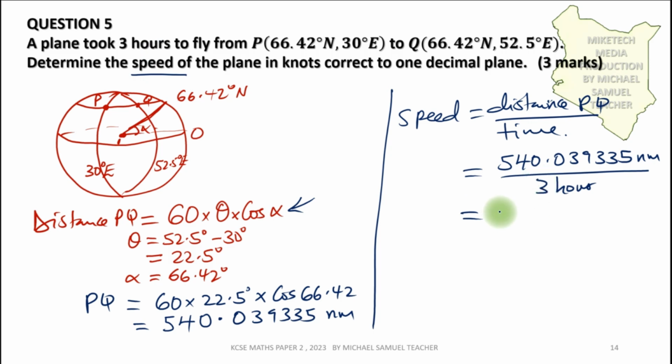So we shall end up getting 180.013 nautical miles per hour.